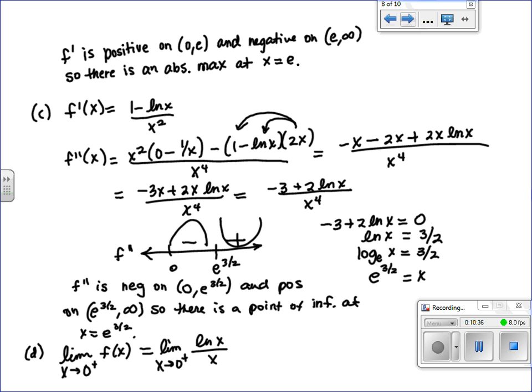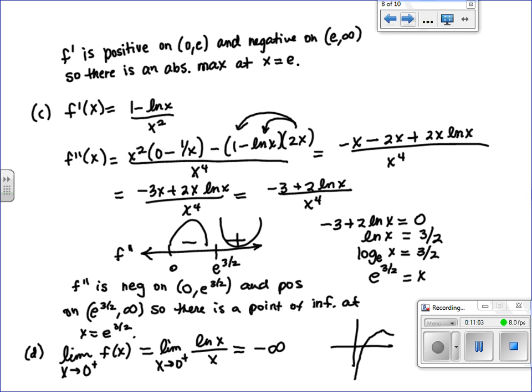So if you tried values that were getting closer and closer to 0, the natural log of numbers that are really, really small is getting closer and closer to negative infinity, which is kind of hard to see. That's what we were talking about, with increasing until it gets to that point and then decreasing, like you saw from our f graph. So this is actually going to negative infinity.